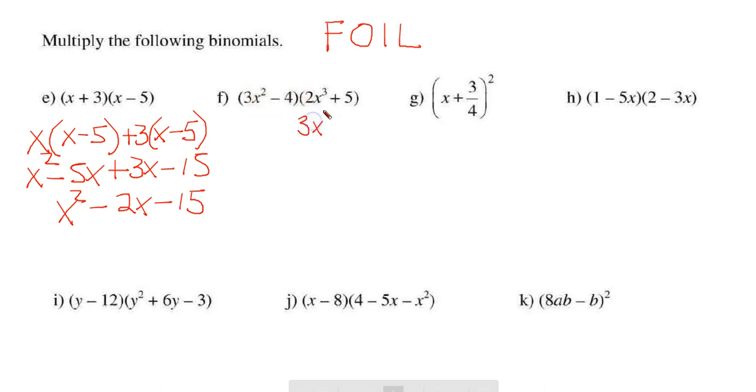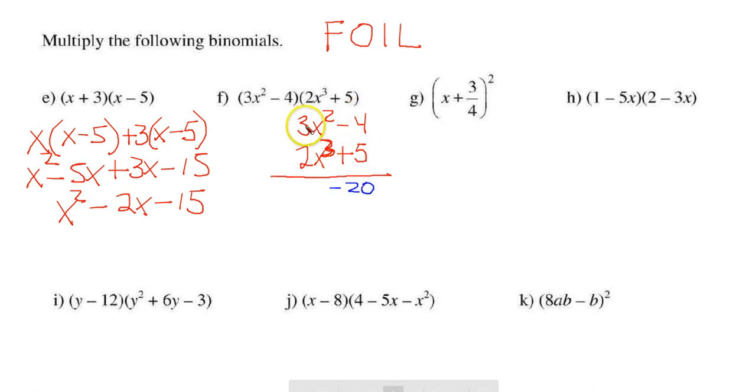3x squared minus 4 times 2x squared plus 5. Now we're not adding here, and that's a 3 here. Got to copy it down correctly. So the rule is, and I'll change colors, you multiply this term by this term. That gives you a negative 20.